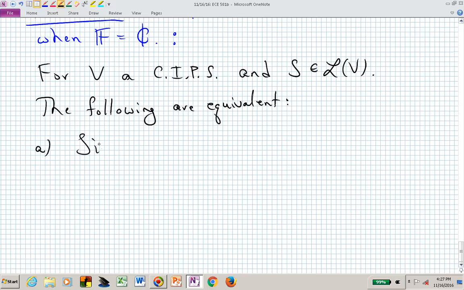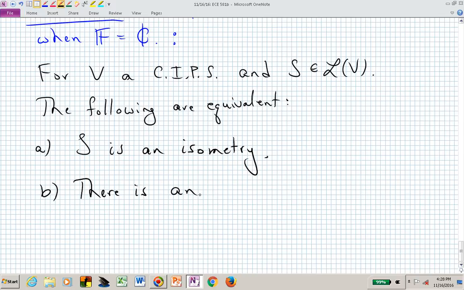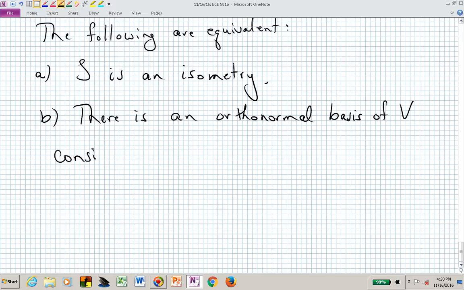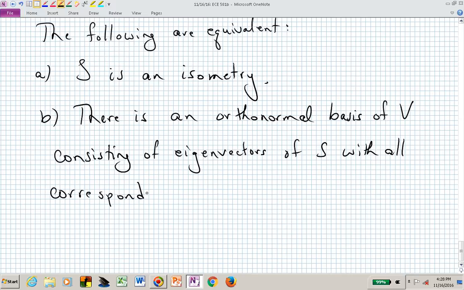A, S is an isometry, and B, there is an orthonormal basis of our vector space, or our inner product space, which is complex, consisting of eigenvectors of that linear operator, again, which is an isometry, with all corresponding eigenvalues having an absolute value of 1.